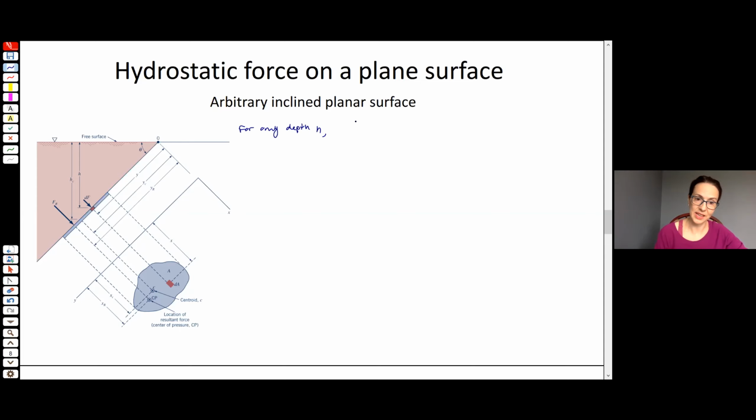the force acting on a little infinitesimal area, dA, shaded in red here in the figure, is dF. And it's just equal to gamma h dA, right? So whatever the height of your little dA is, it's the pressure at that height or at that depth.